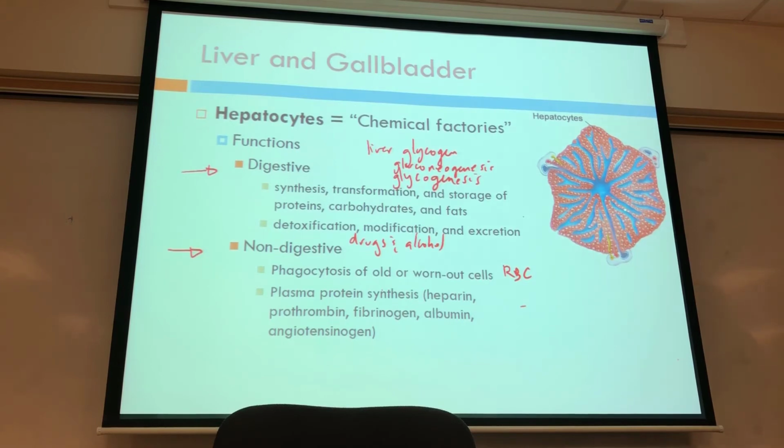So we're going to break those old red blood cells down. The other things that the liver does, also produces a lot of our major proteins. So the major proteins that are present in the blood plasma, things that are dissolved in the blood plasma: heparin, prothrombin, fibrinogen. These main three things: blood clotting.